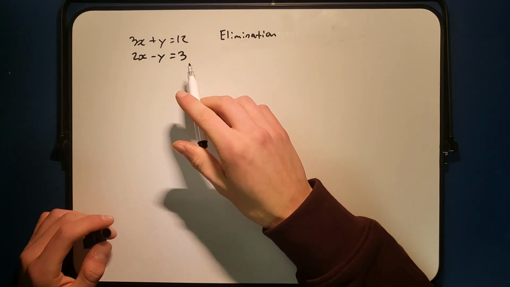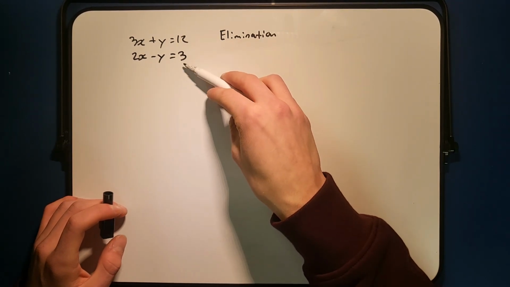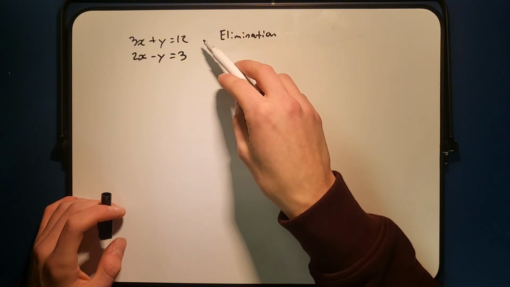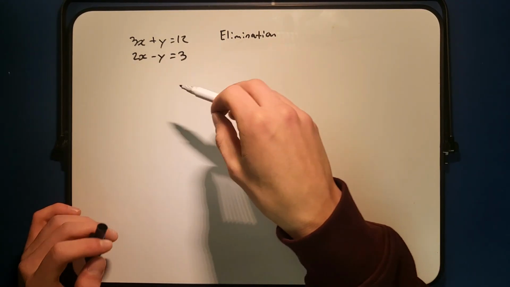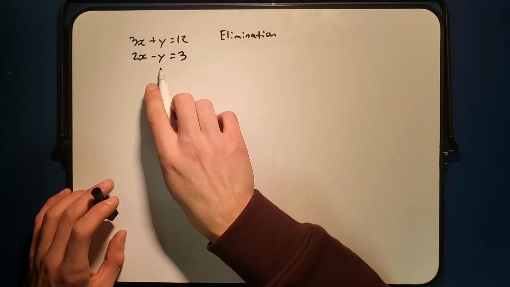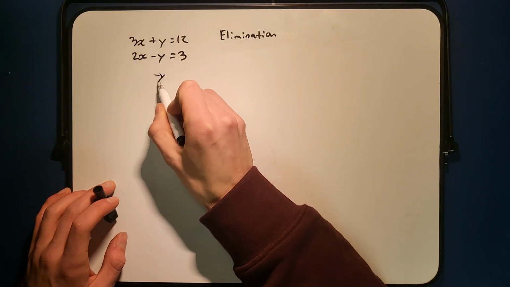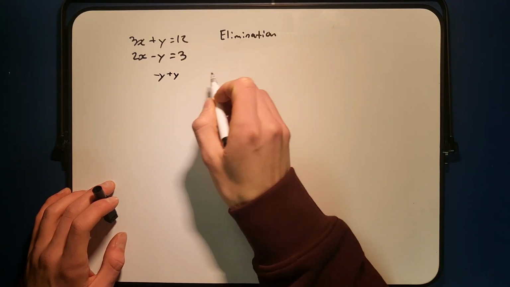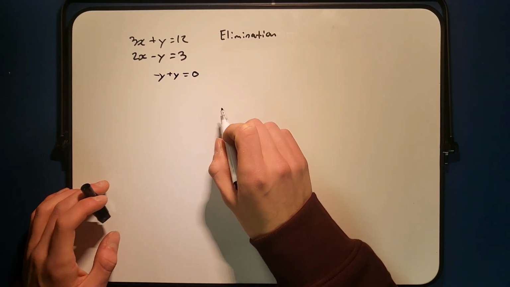What we need to do with elimination is add or subtract the two equations that we are given so that one variable, either x or y, will equal 0. Now, in this case, if we add the equations, we would get minus y plus y, which is in fact equal to 0.